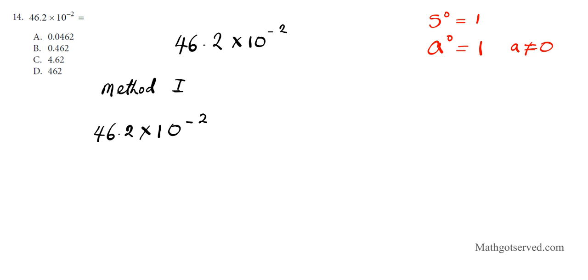So the goal is, if I can make this 1, then the left side will be my decimal representation of this product. So the question is, how do I make this 1? If I can make this power 0, then I'm done. So how do I make this power 0?